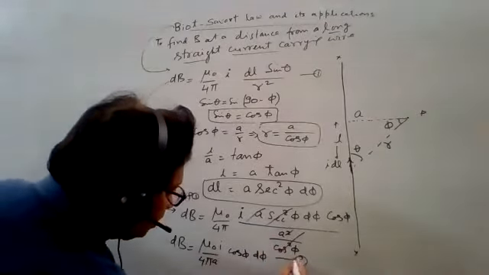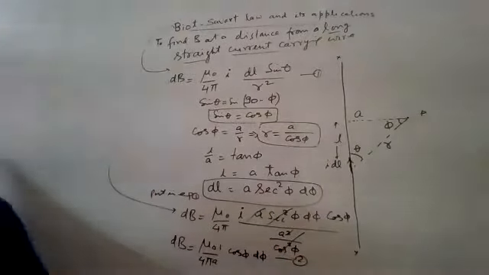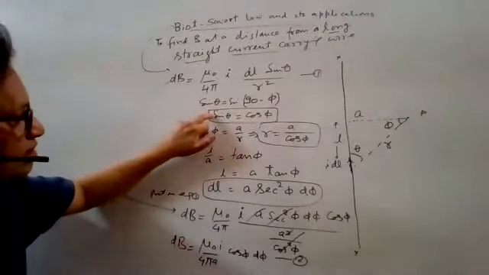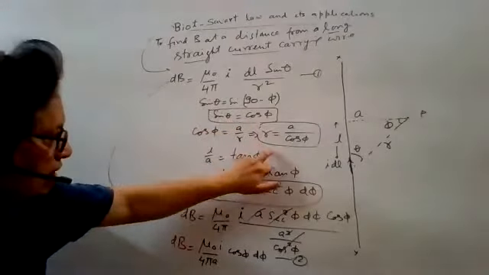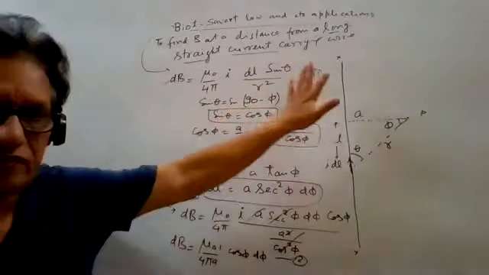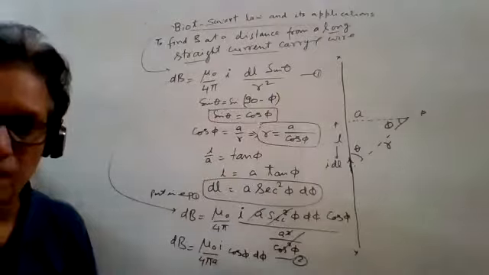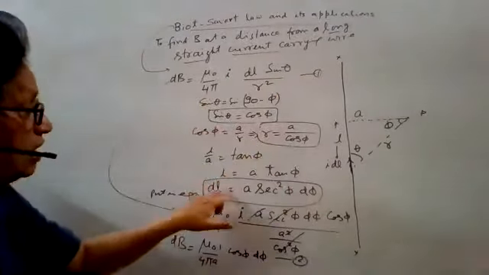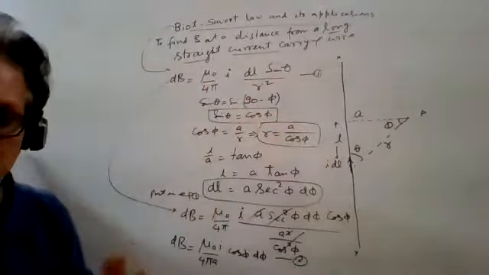This equation is 2. Up to equation 2, you tell me any doubt? Because simply we have put the values of sin theta, R and dl in equation 1 only, nothing else.